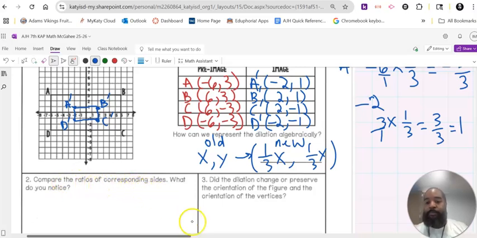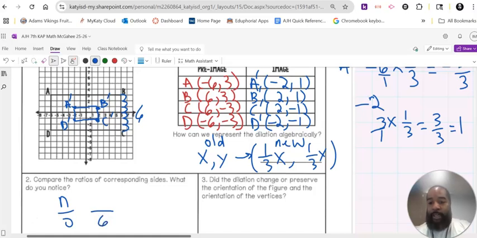So number 2, it asks us, compare the ratios of the corresponding sides. What do you notice? Well, if I look at BC, we can see that this is 1, 2, 3, 4, 5, 6. So that's 6. Okay, so that's my original. Remember, we have new over original, right? So on the bottom, we have 6.